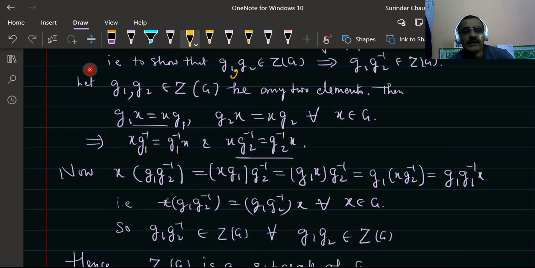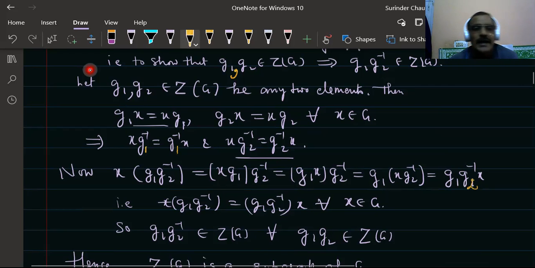We know that x g1 is equal to g1 x. Now again, by the associative law, g1 (x g2 inverse) is equal to g1 (g2 inverse x), which is equal to (g1 g2 inverse) x.